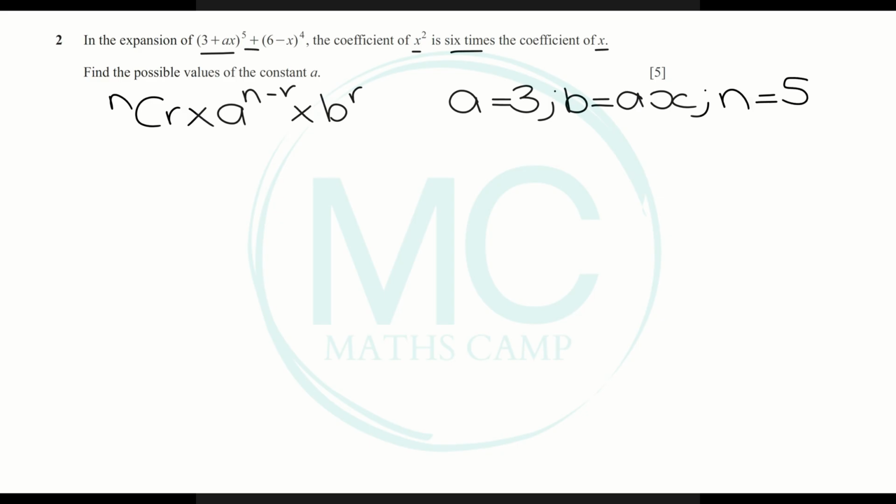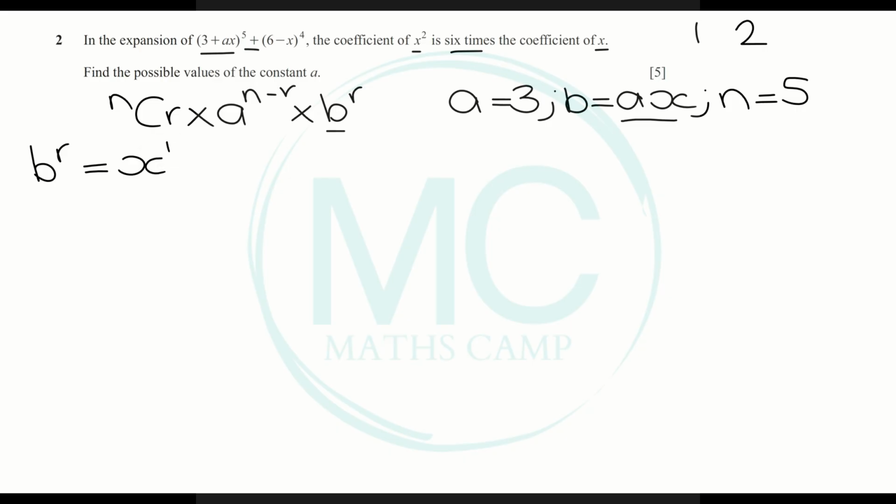But we need a value for r. The b term, ax, is the only x term within the bracket. And when we use the formula, we can see that b with an exponent of r will help us with our x term. For this expansion, we need an x term with an exponent of 1 and a square term. So let's start with an exponent of 1. In this expansion, b with an exponent of r will give us x with an exponent of 1.